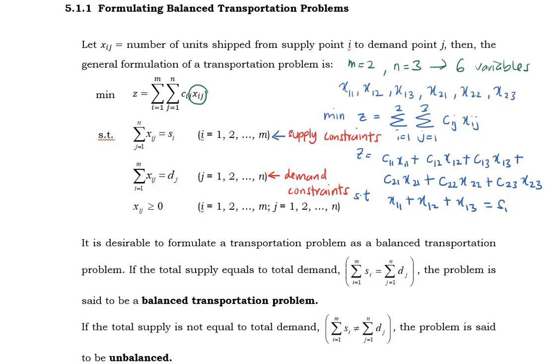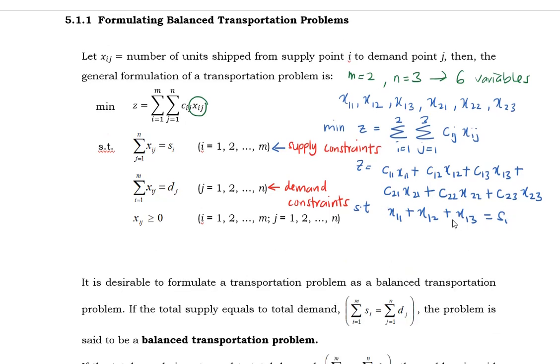Because we want to find the constraint for the first supply point, the capacity of the first supply point is S1. This constraint represents a shipment of goods from supply point 1.